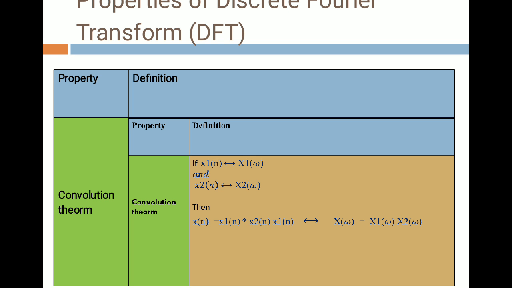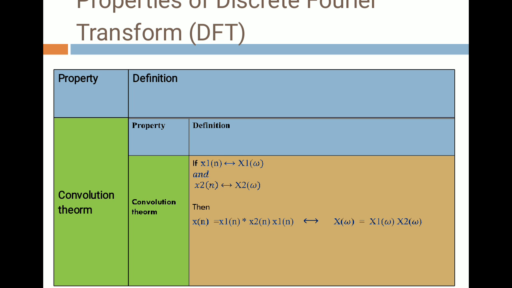After applying the DFT, we get X(omega) equal to X1(omega) into X2(omega). So the convolution property says that if we multiply the signals x1(n) and x2(n), the resultant DFT will also be the product X1(omega) into X2(omega).